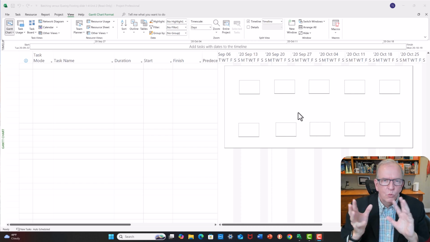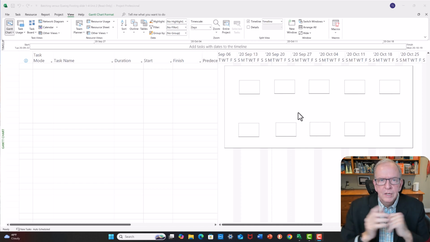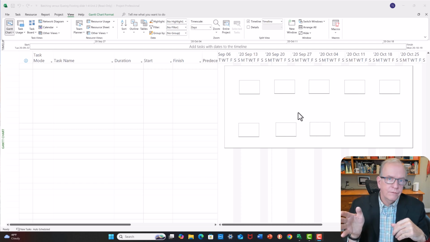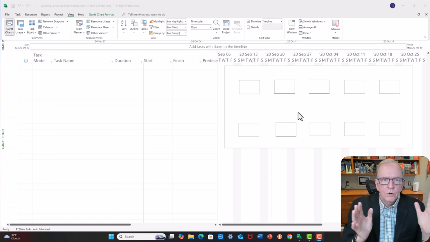And this will work no matter what type of project you're doing. I'm going to use, of course, construction, being a professor of construction management, as my example, but it really is about thinking in terms of project flow. It's thinking in terms of space, and it's thinking in terms of overall sequencing and duration of your project.